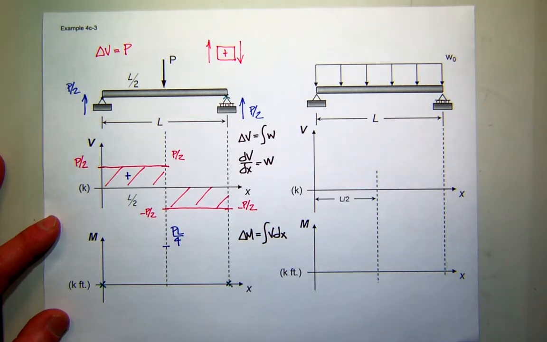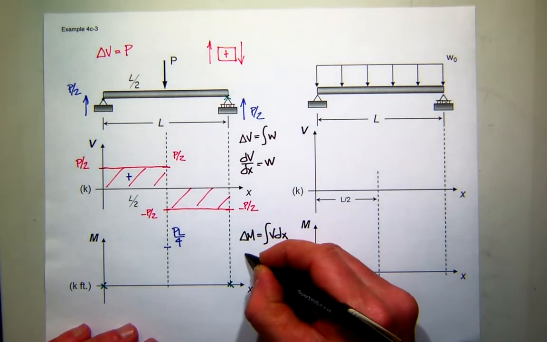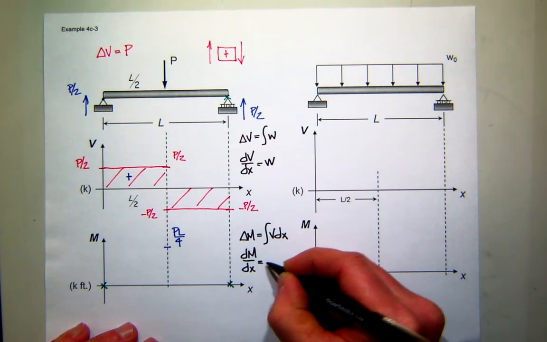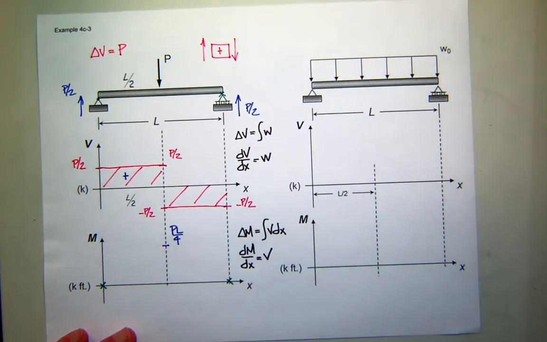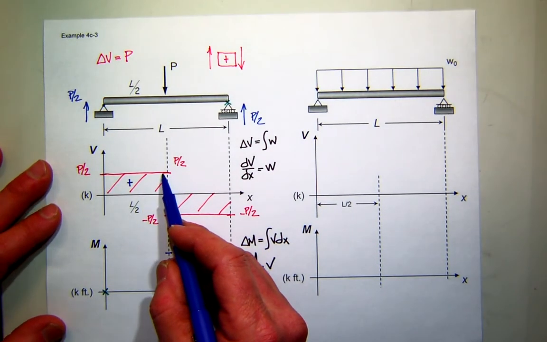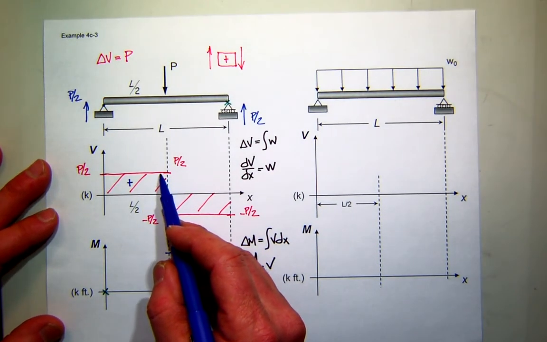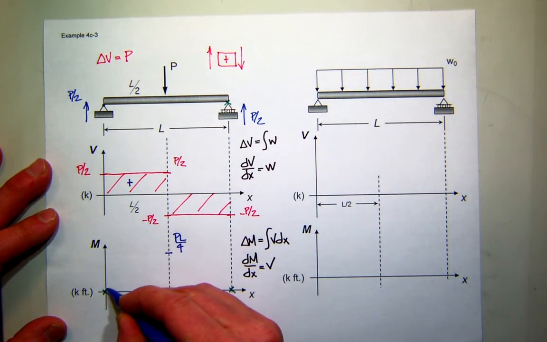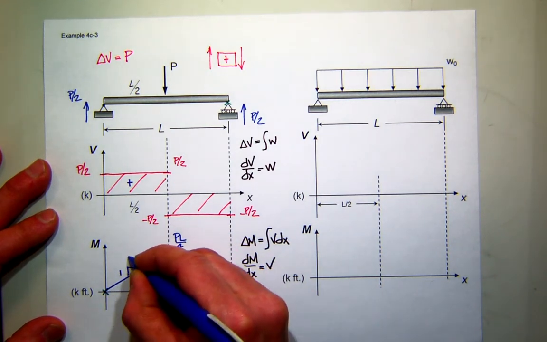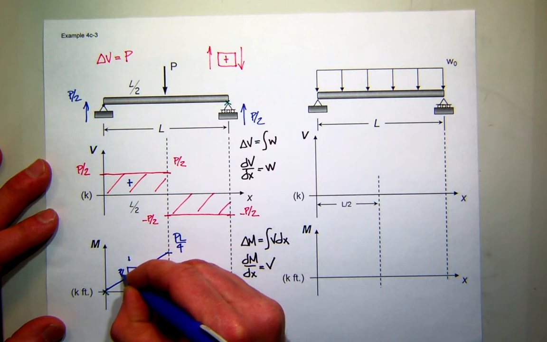Well, according to our relationship, the slope of the moment diagram is equal to the shear. And what's our shear value everywhere in that section? Constant, P over 2, and positive. Constant slope of P over 2.